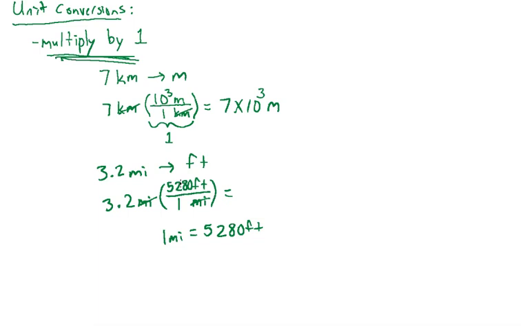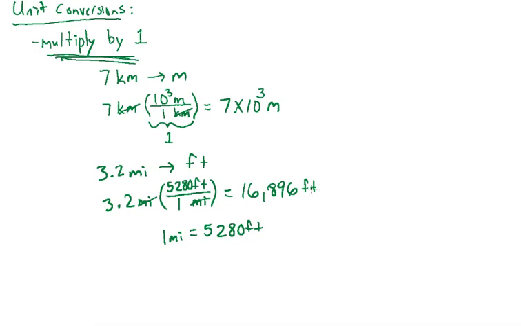This is the number 1 because 5,280 feet is the same thing as 1 mile. So I multiply them together and I end up with 3.2 times 5,280, which gives you 16,896, and then the only unit I've got left over is feet. And that's how many feet there are in 3.2 miles.